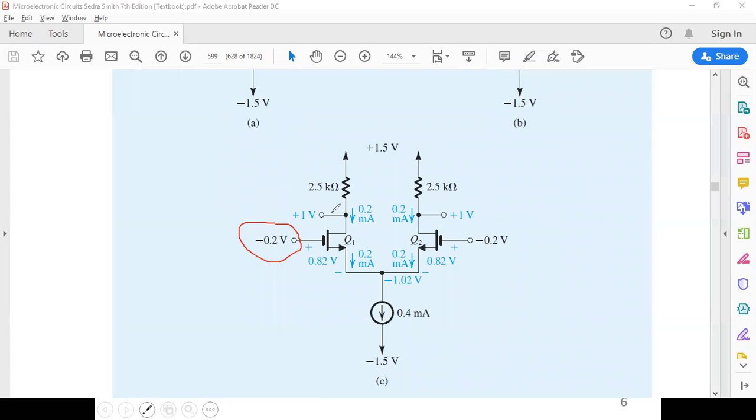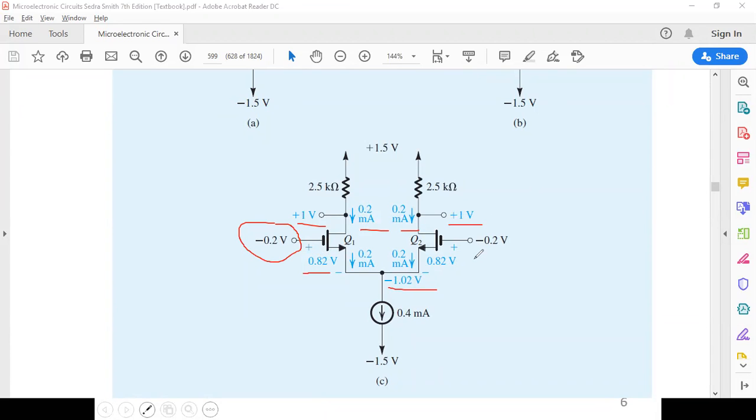So again, VGS is not going to change, 0.82. VS is this minus this, which gives you negative 1.02. Again, the current doesn't change, and the voltage will not change.